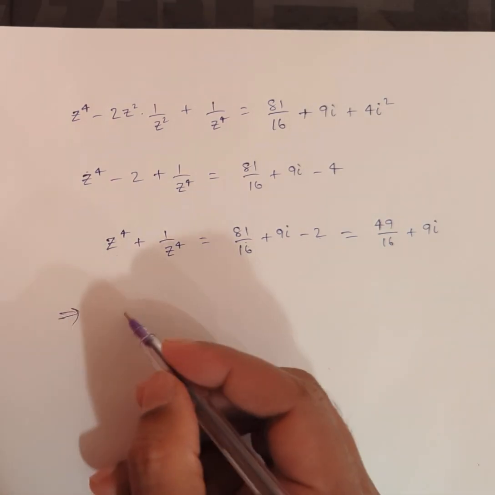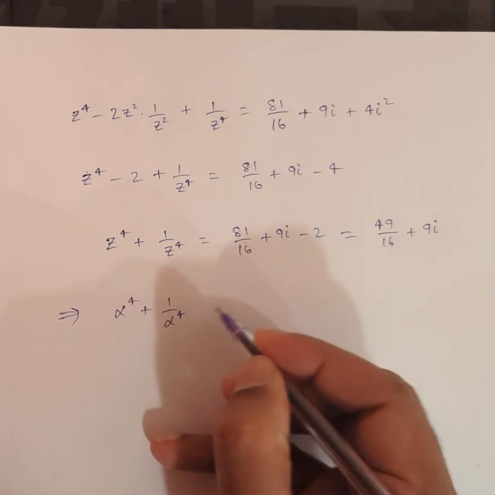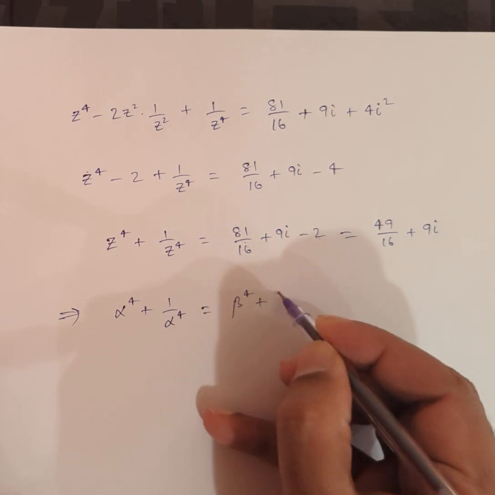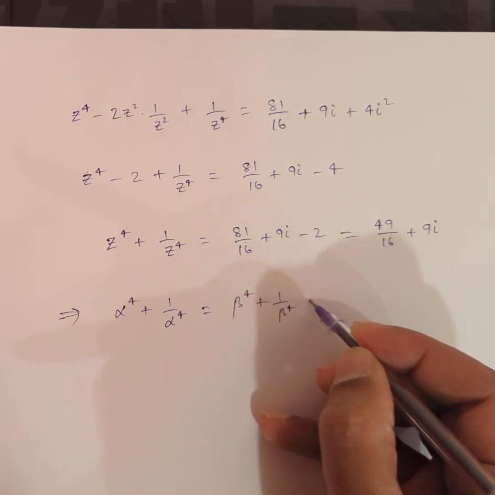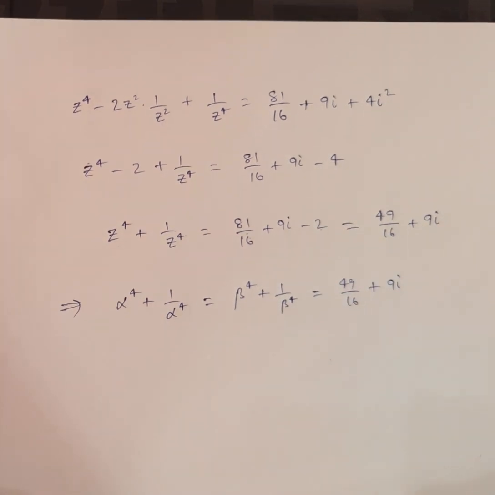So notice, alpha to the 4 plus 1 over alpha to the 4 is equal to beta to the 4 plus 1 over beta to the 4 is equal to 49 over 16 plus 9i.